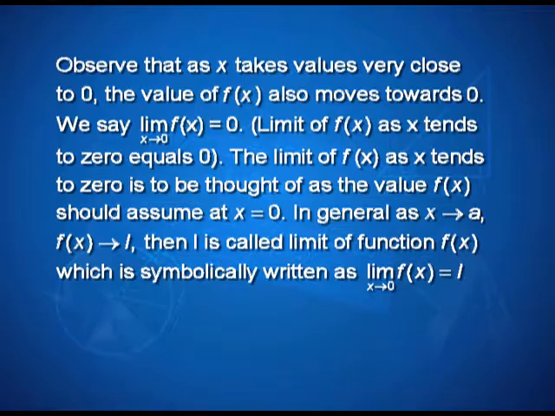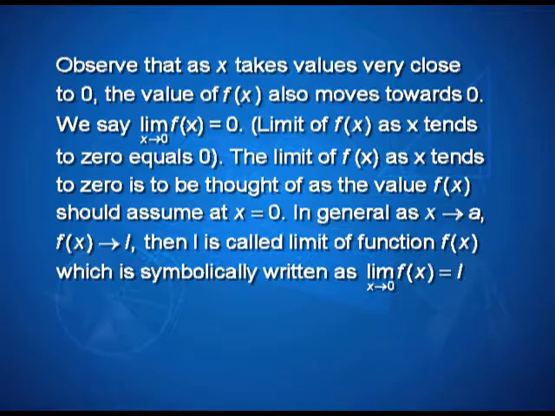Now we observe that as x takes values very close to 0, the value of f of x also moves towards 0. We say limit of f of x as x tends to 0 is equal to 0. The limit of f of x as x tends to 0 is to be thought of as the value f of x should assume at x is equal to 0.